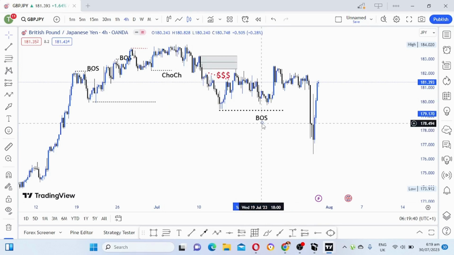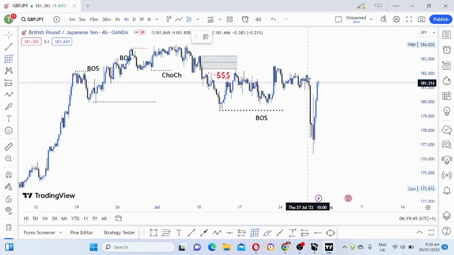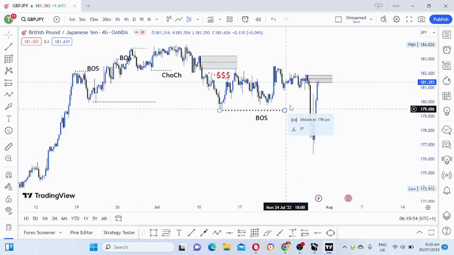Price is already at a supply zone. For now, we wait and check what is happening there. So for us it's just to switch to lower time frames and see what is happening.